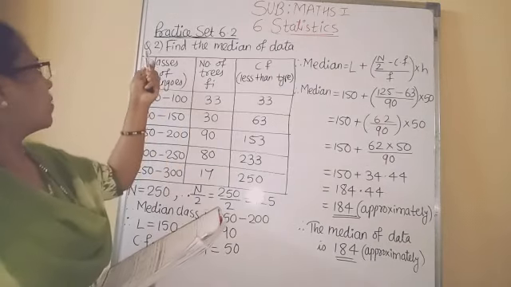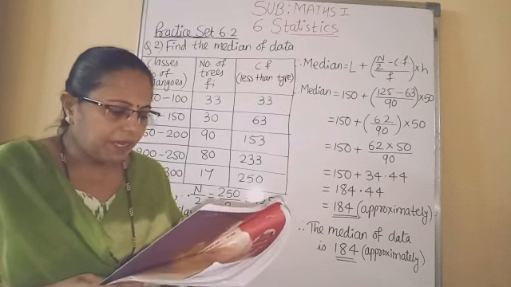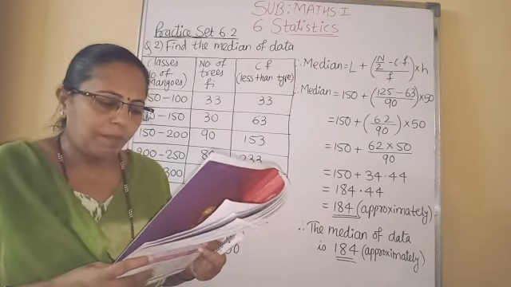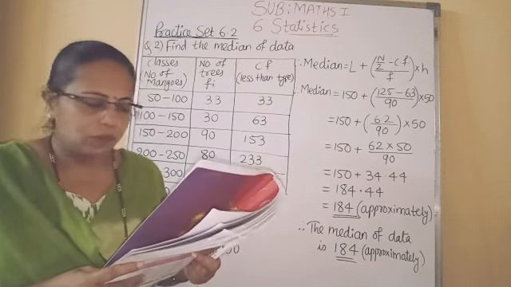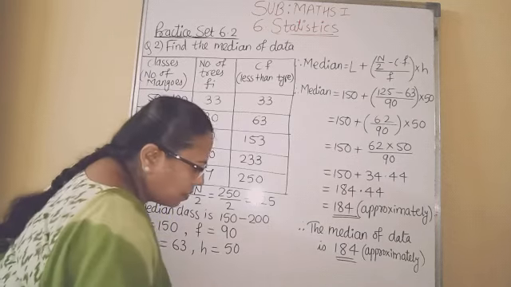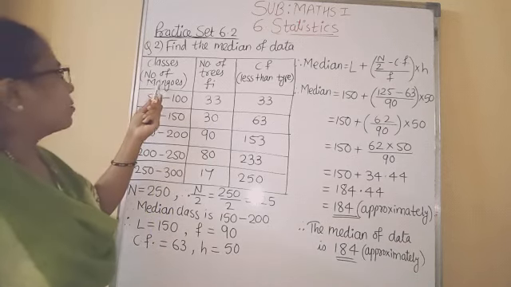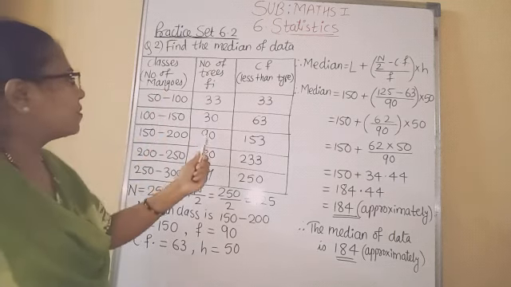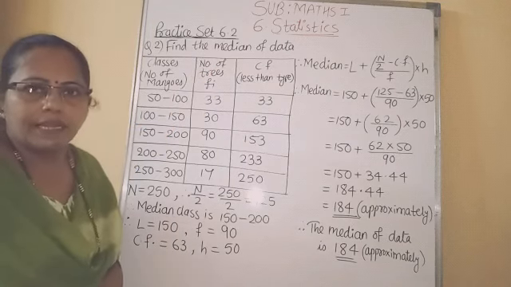Next, question number 2. The question is, the frequency distribution table shows the number of mango trees in a group and their yield of mangoes. Find the median of data. Okay, so in this table, number of mangoes and number of trees is given, and we have to find out the median of data.